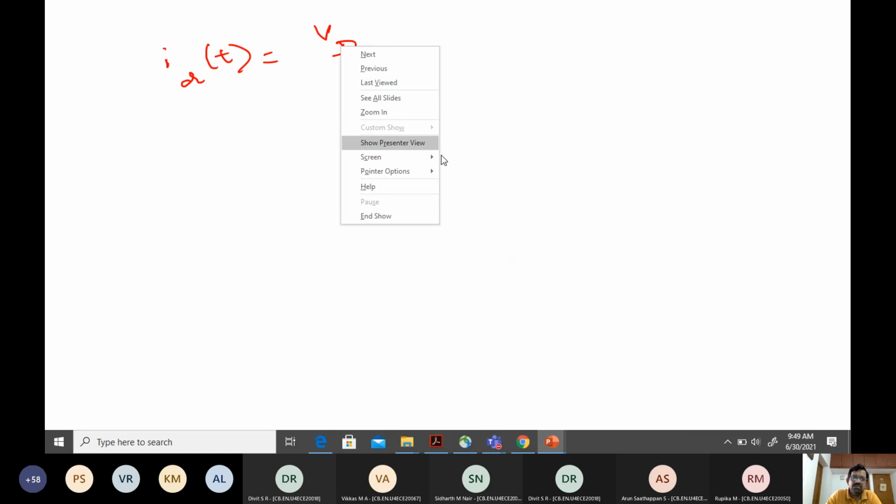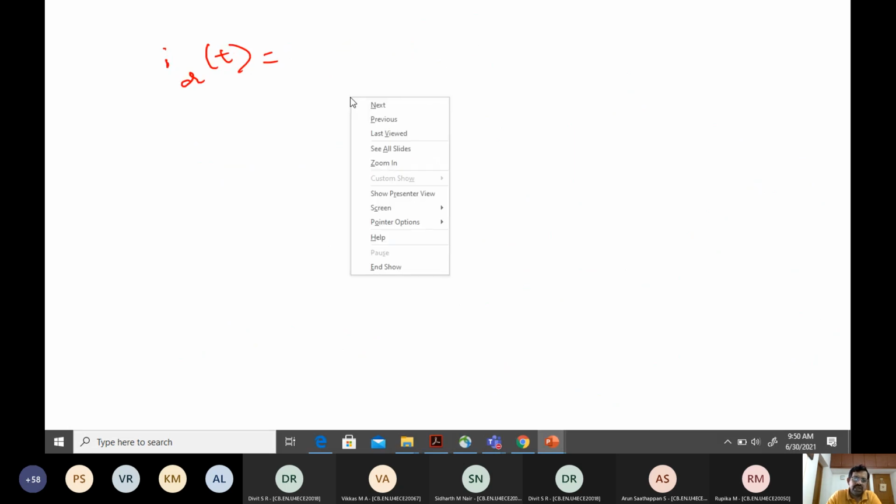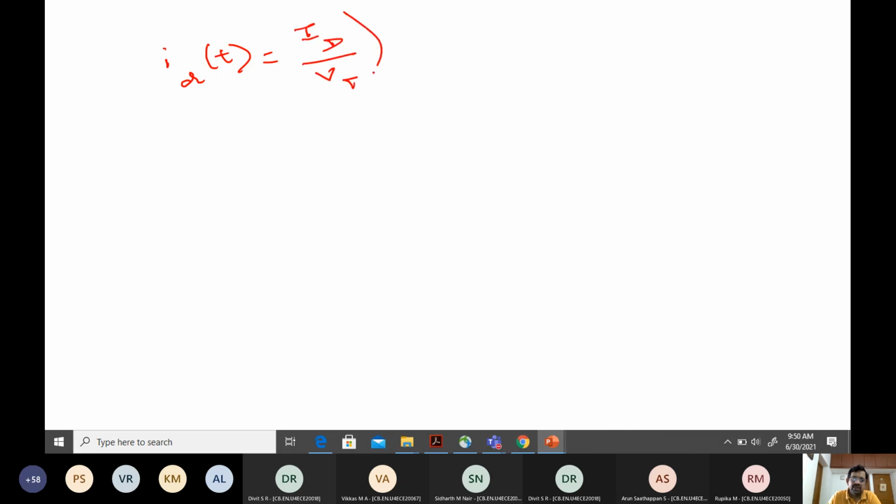If we make some mistakes, we have to be very careful. It should be id, because I am talking about current. So you have to be spot on. So it will be Id by Vt, multiplied by the small signal voltage, which is a function of time.